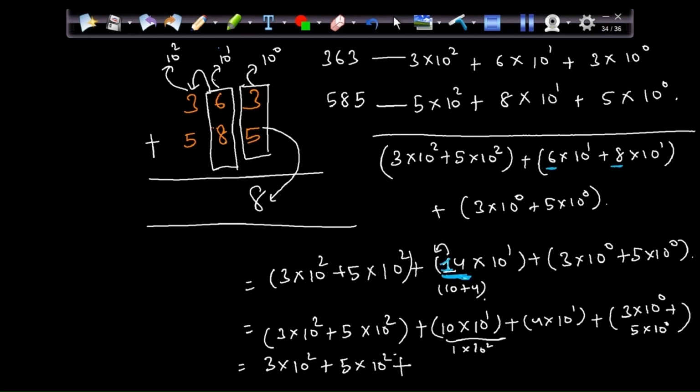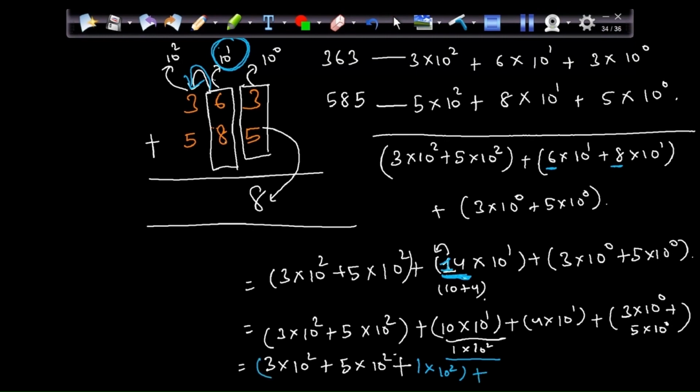So when you have got a carry in the 10th place, 10 to the power 1, then you will send that carry 1 to the 100th place. Why? Because it will eventually become 1 into 10 to the power 2, and it will eventually add among these only. This will become 1 into 10 to the power 2 only.